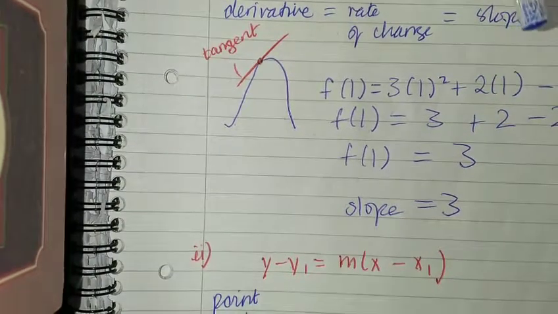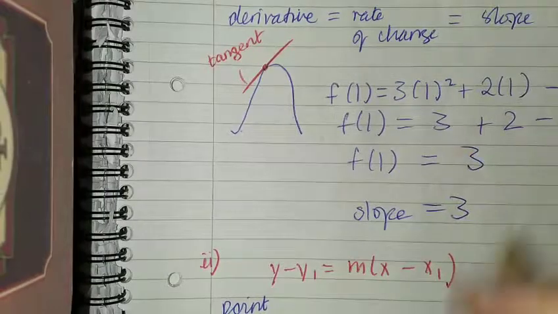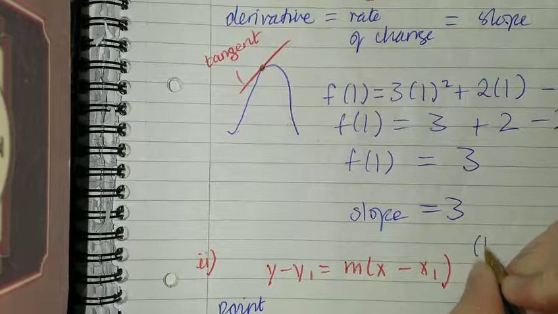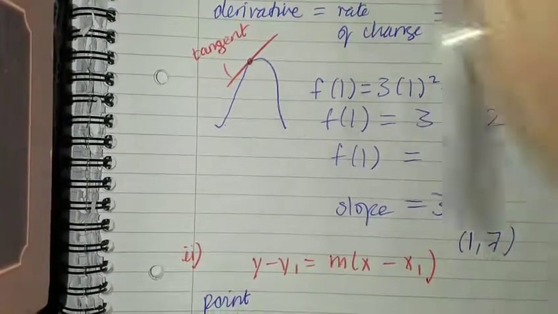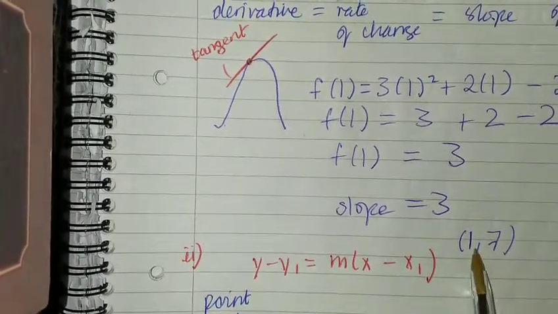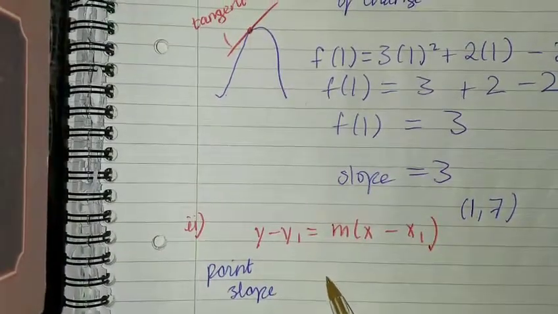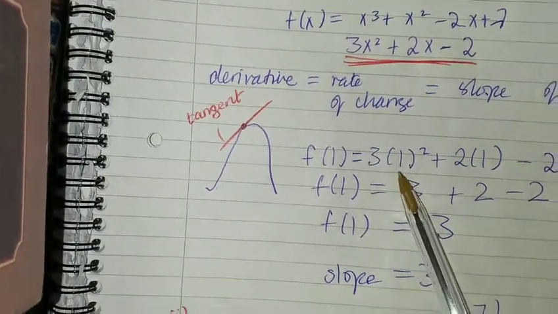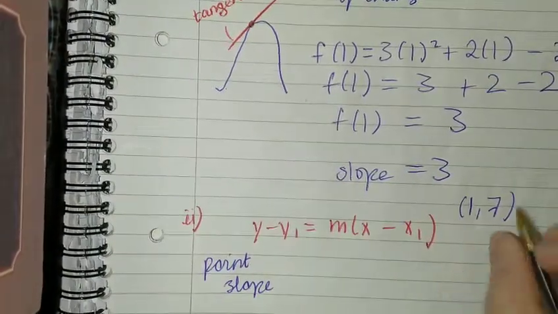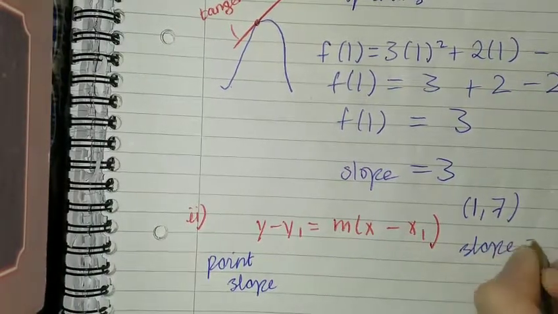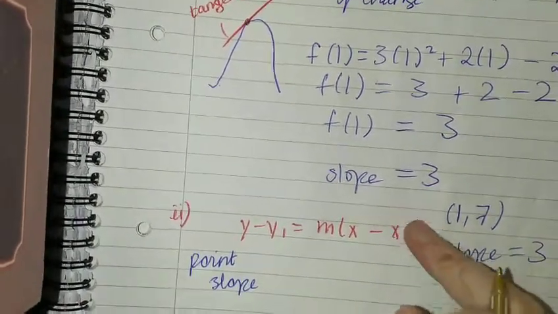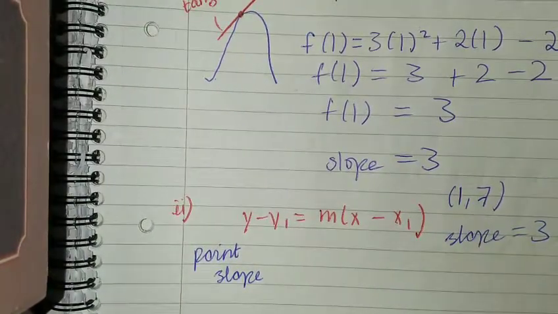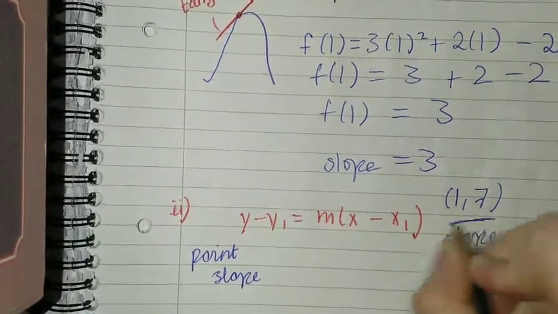In part B, we verified that the point 1, 7 is on the graph, and they're asking us to get the tangent at the point 1, 7. We already got the slope of the tangent when x equals 1, which is 3, from the last question. And we're given a point, 1, 7.